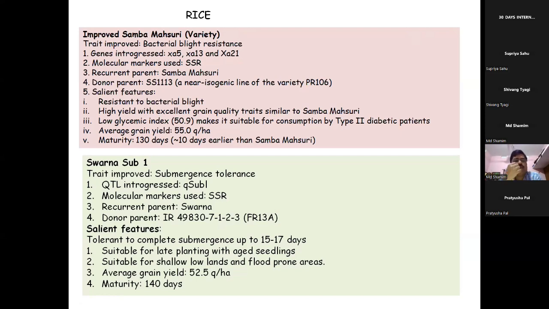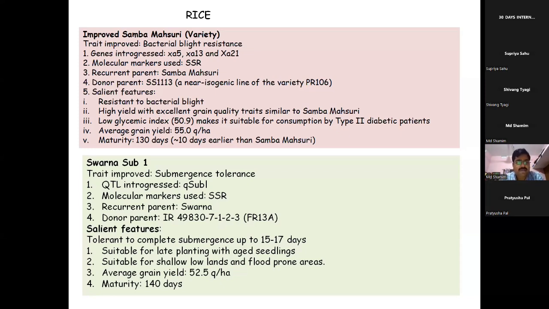In the first, improved Samba Mahsuri, the trait that has been improved is bacterial blight resistance, with the genes xa5, xa13, and xa21. What markers did they use? Simple sequence repeat markers. The recurrent parent was Samba Mahsuri, and the donor parent was SS1113, a near isogenic line of the variety PR106.